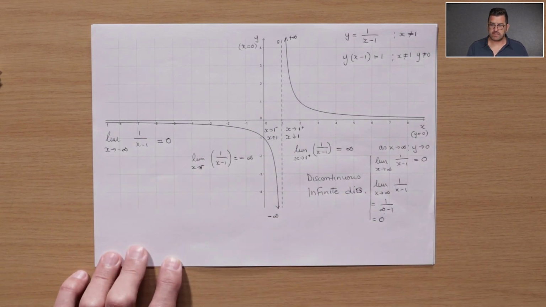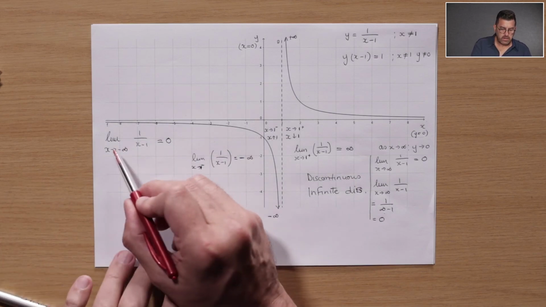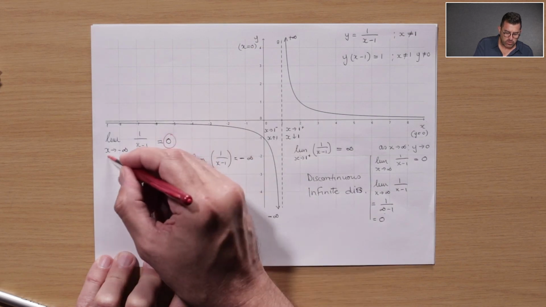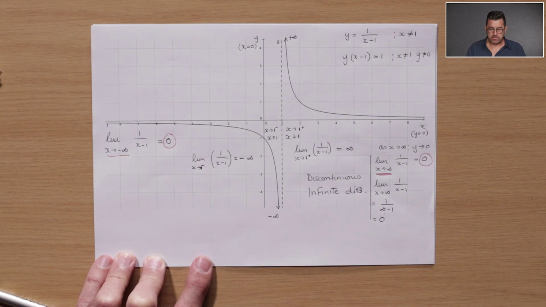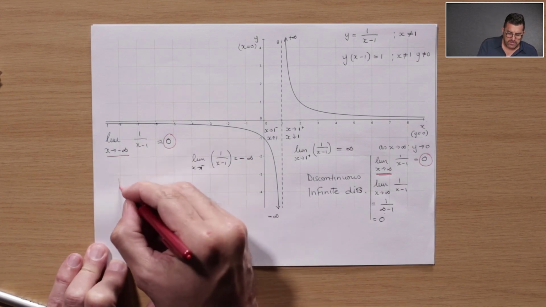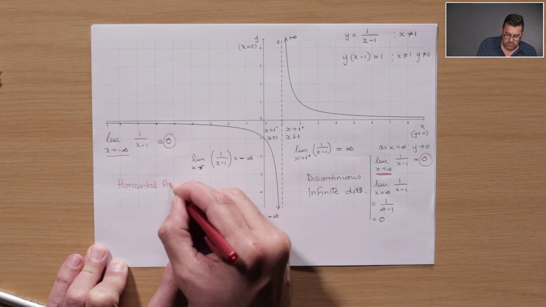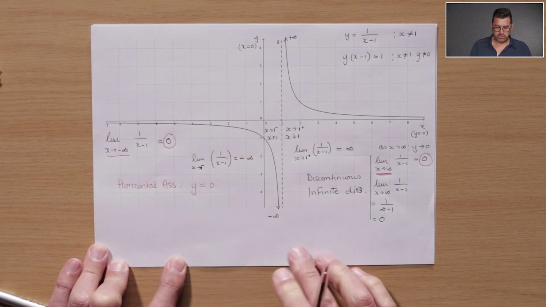Now in this case, it's important to notice the following. The limit here at minus infinity is going to naught. The limit at positive infinity is also going to naught. And remember, that limit is a y value. So that tells us that there is a horizontal asymptote at the value y equals naught.